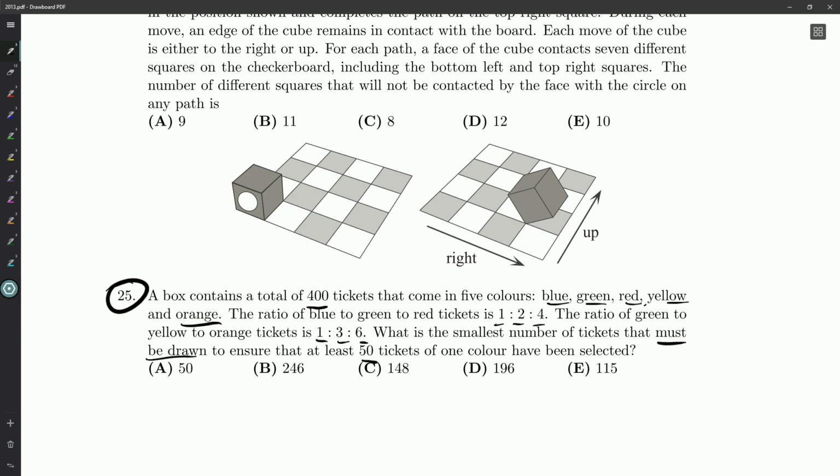Interesting. Okay, so we're going to have to eventually put ourselves in the mindset of a worst case scenario. But with these ratios, I think we should be able to work out how many of each ticket there are. So let's do that first. And how do ratios work?